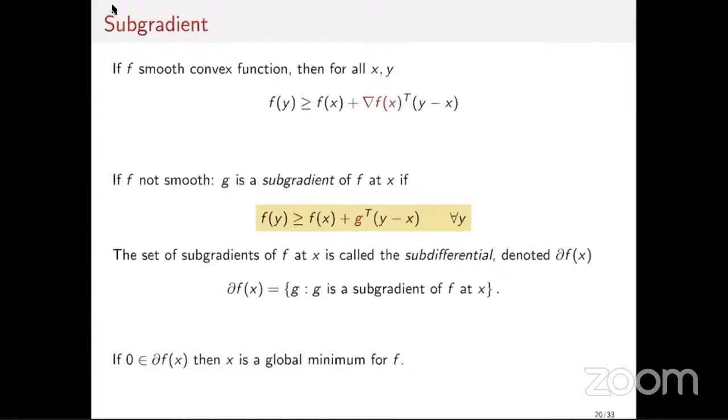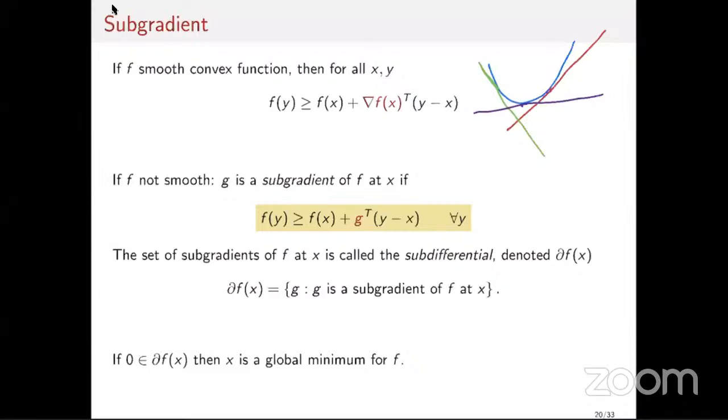So this is my function, and if I construct a Taylor approximation at this point, I get a lower bound. I can construct a Taylor approximation at another point, that's also going to give me a lower bound. I can construct one at a third point, and it gives me a third lower bound. So these lines are all Taylor approximations of my function at different points, and they're all global lower bounds on my function.